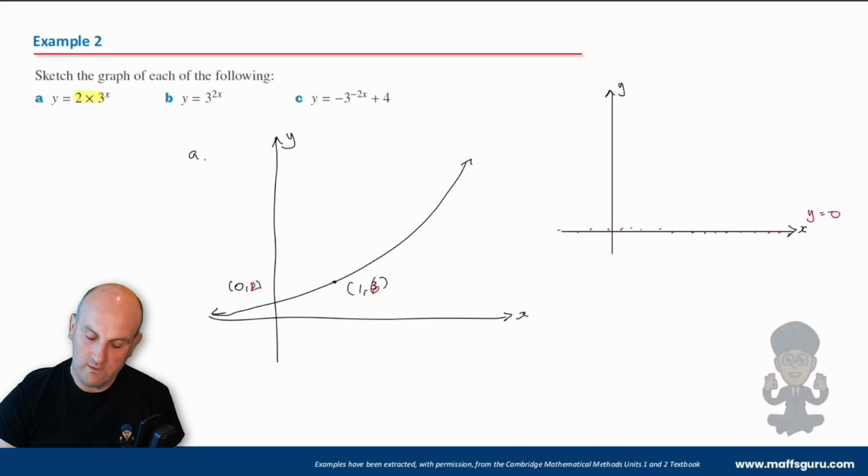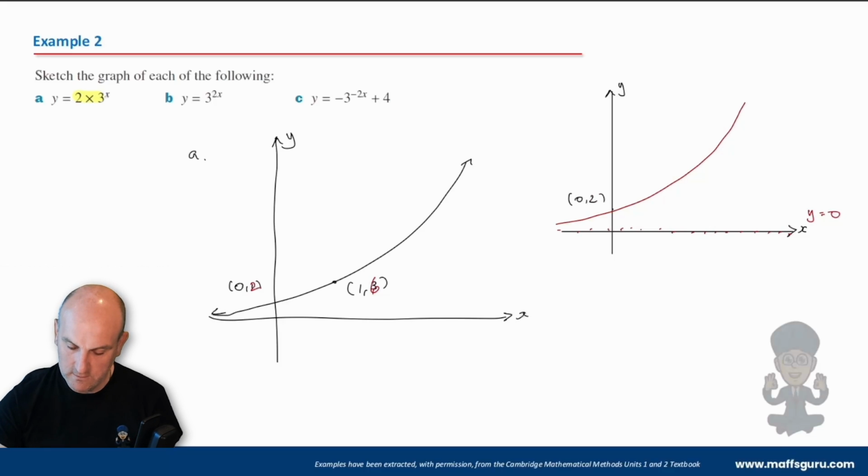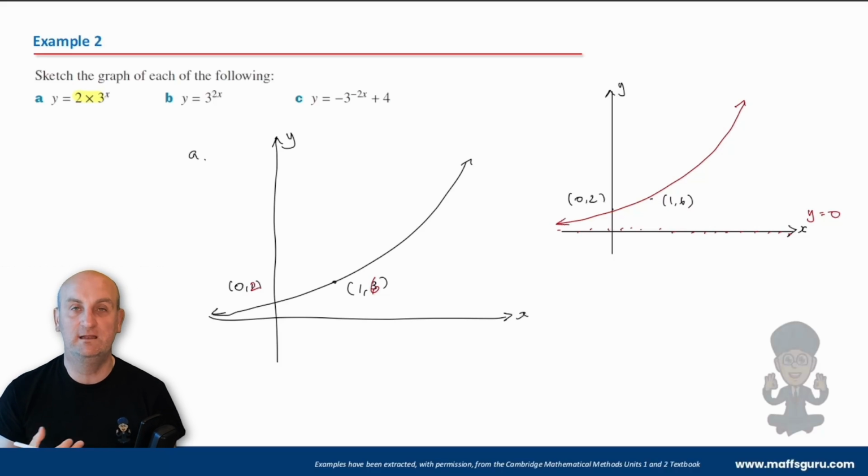So y equals 0 is my asymptote, and then I'm going to sketch my graph that does something like that. I'm going to make sure that I tell the examiner, hey, I know what I'm doing: 0, 2, and that's going to be 1, 6. And again, does it look like it's stretching off? Nope. But for a sketch, that is perfectly acceptable. I would just put my arrows on either side there because my domain isn't limited.